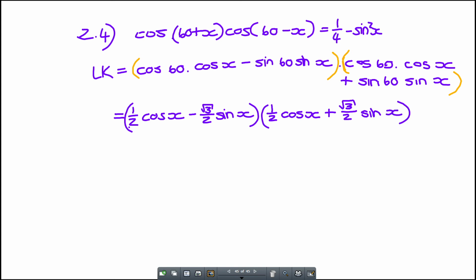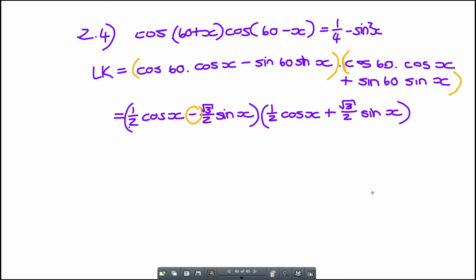Sin x. Now, have a look at those two brackets. Can you see that they look exactly the same except for the two signs? So that's difference in two squares.